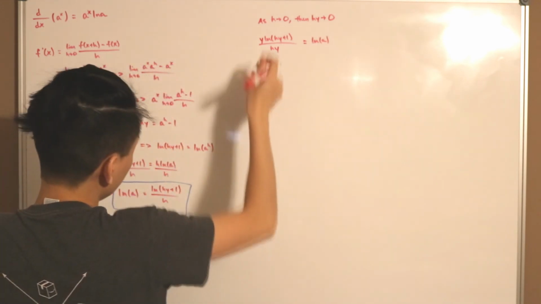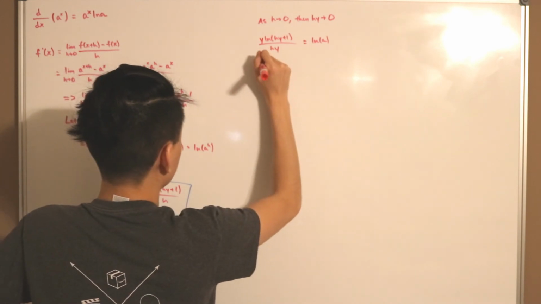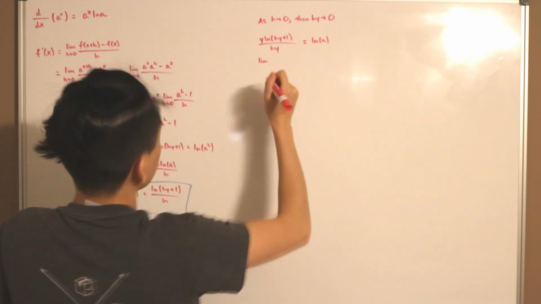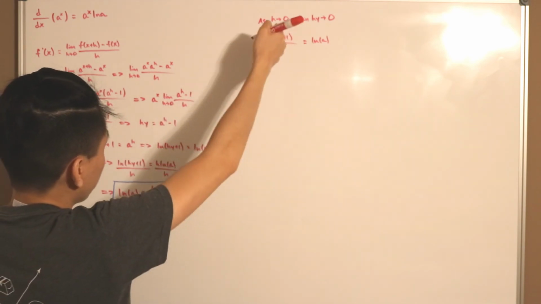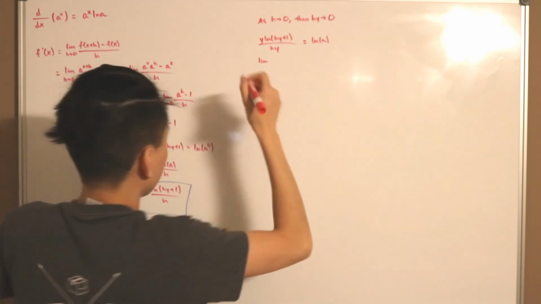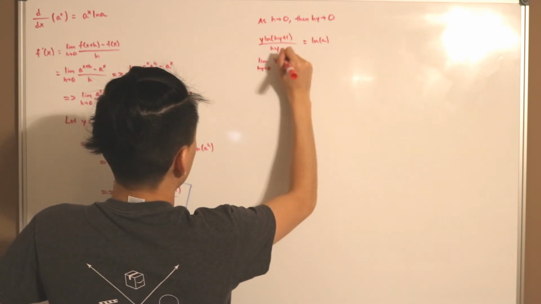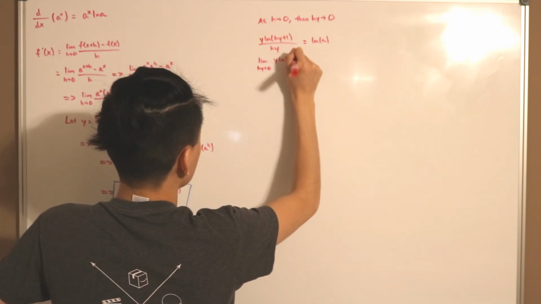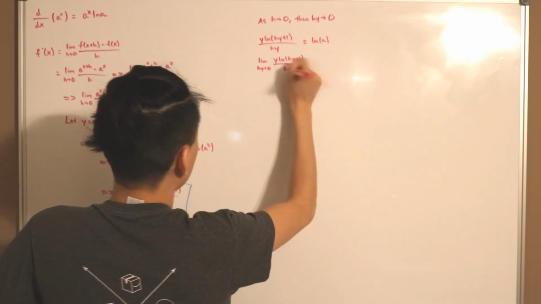So let me write the limit first. Since we're doing the substitution, when h approaches 0, then hy approaches 0. So the limit as hy approaches 0 of y ln of hy plus 1 divided by hy.